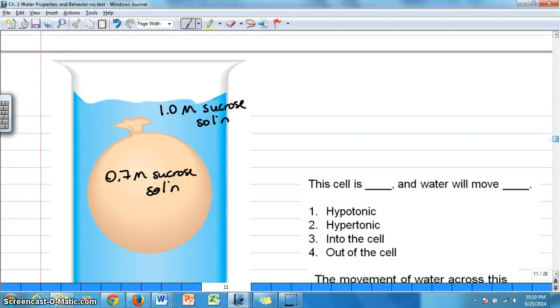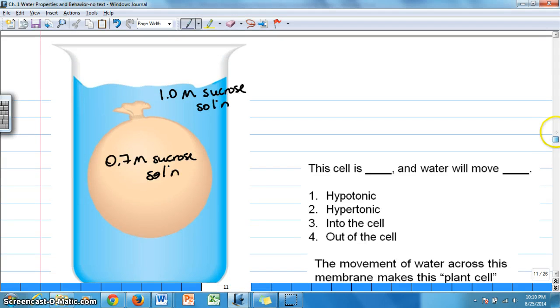In this next example, we're looking at the concentration of a sucrose solution in the external environment, out in the beaker, being higher than in this internal artificial cell environment. So we could stop and ask ourselves which one is going to be hypotonic or hypertonic.